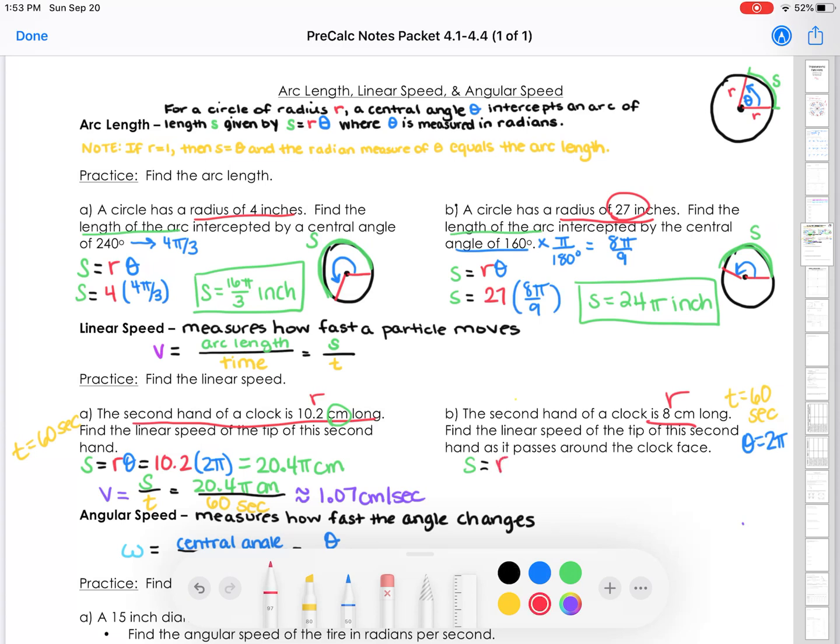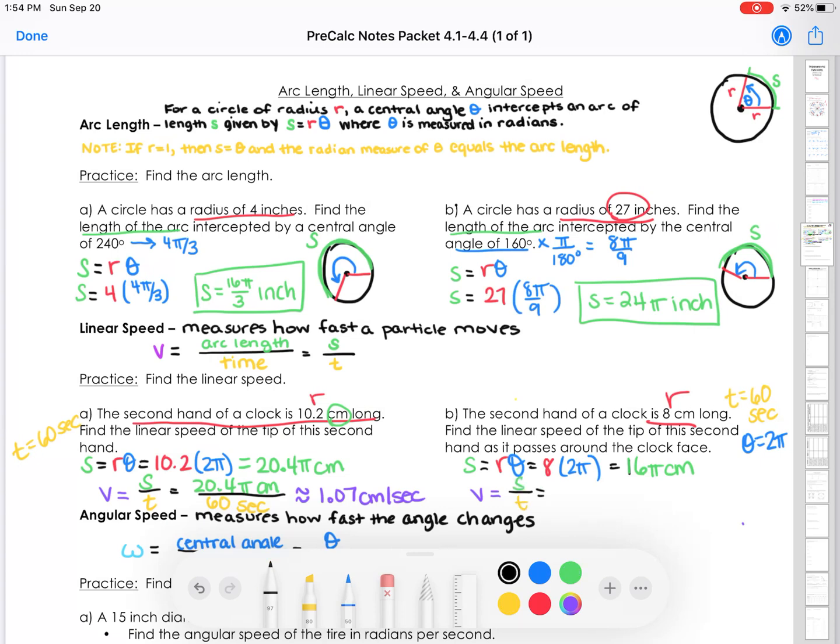So we have R times theta. All right, so we know that our R is going to be 8 centimeters. We know that our theta is going to be 2 pi. So that's going to give us 16 pi centimeters. Last, we need our velocity. So our velocity is going to be equal to S over time. So the arc length over the time it takes.